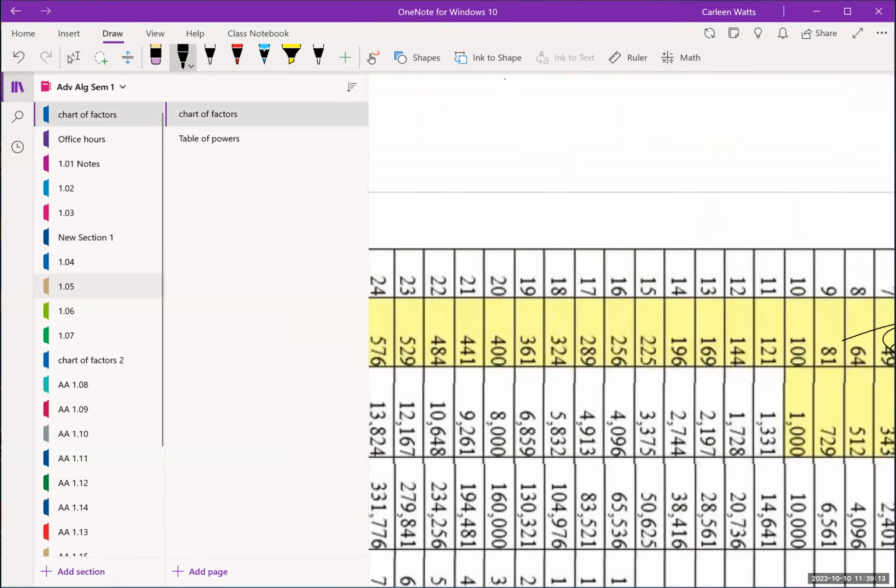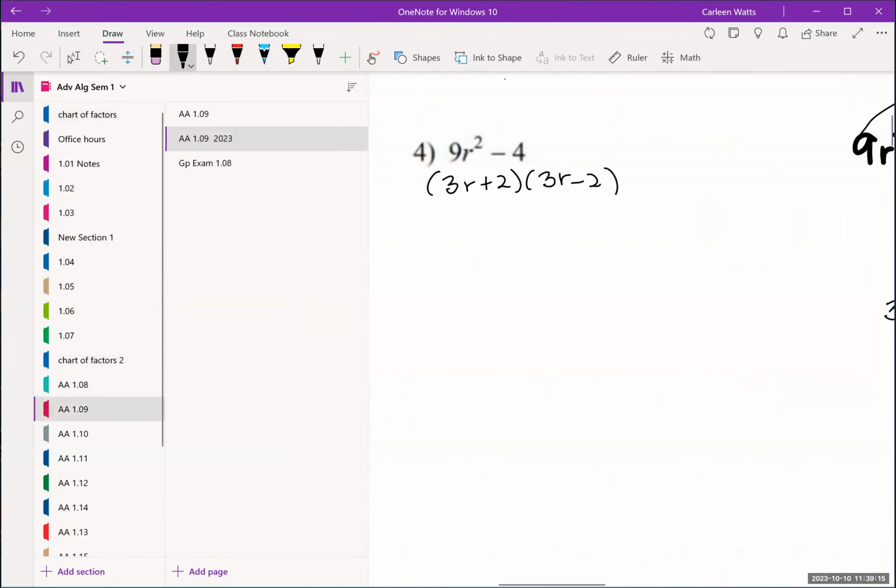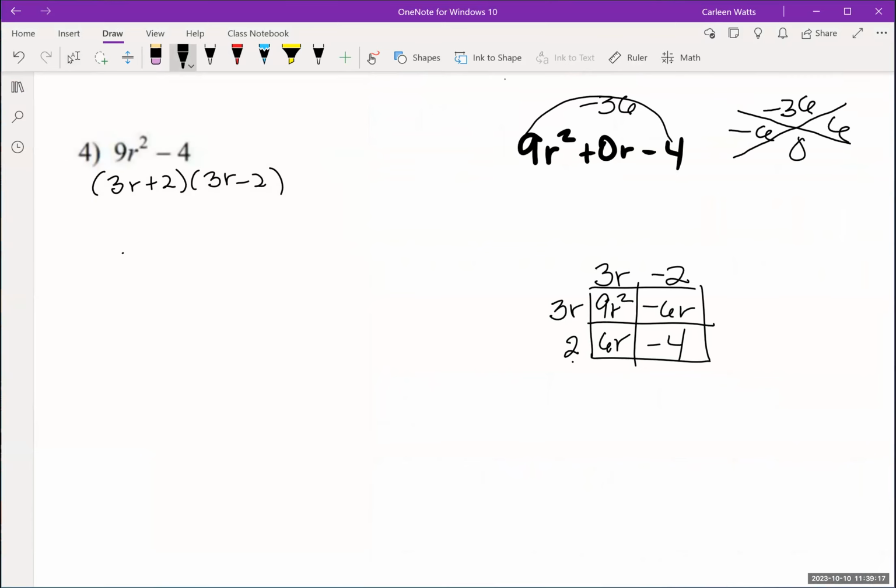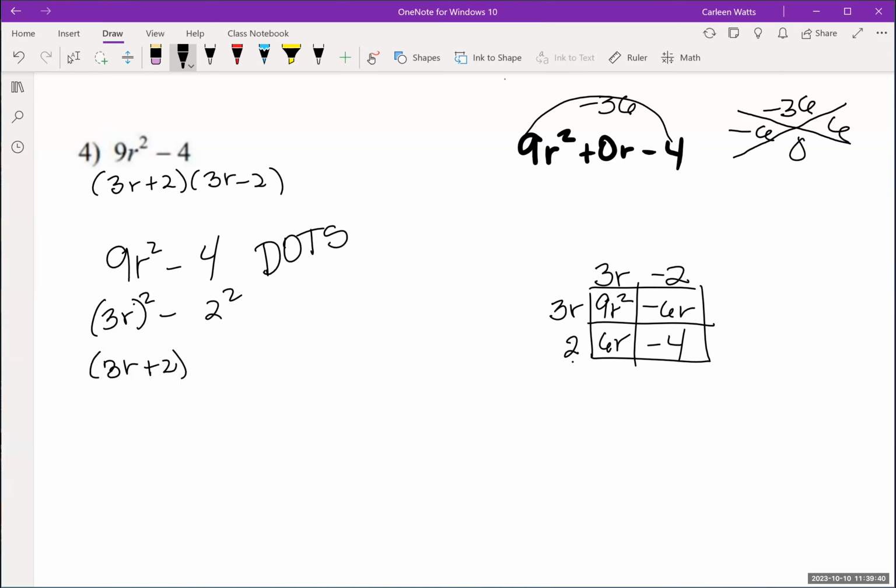So here is the shortcut way to do it. You take 9R squared minus 4. We notice that this 9 is 3 squared and 4 is 2 squared. This is difference of 2 squares. So it's 3R plus 2 and 3R minus 2.